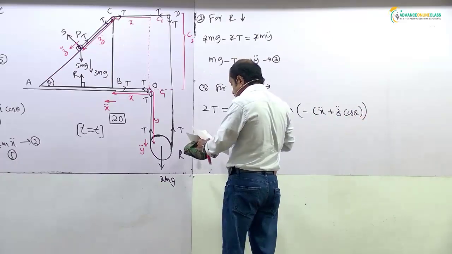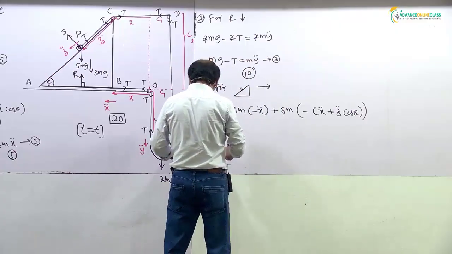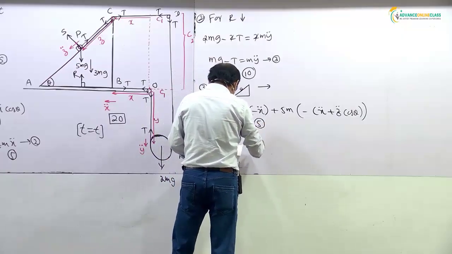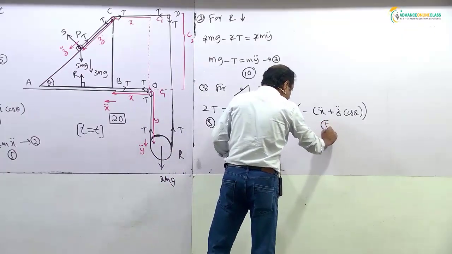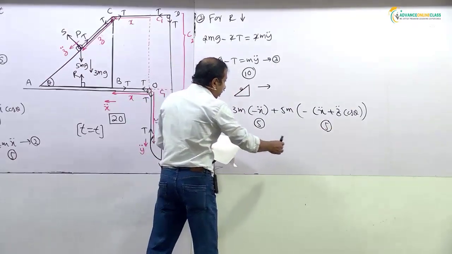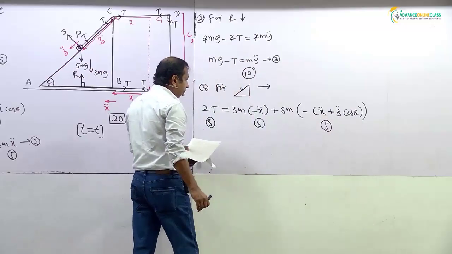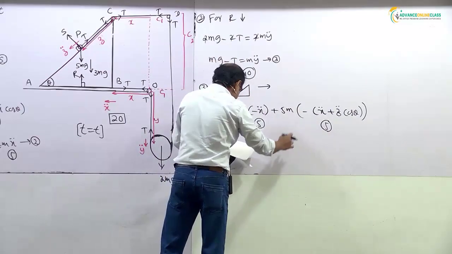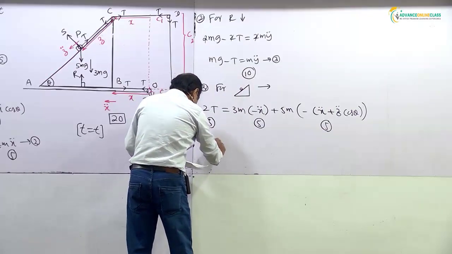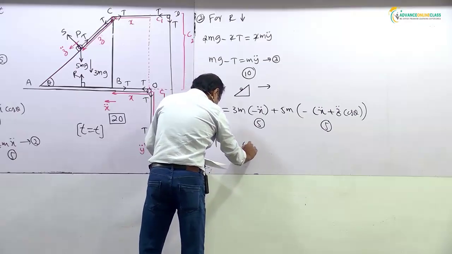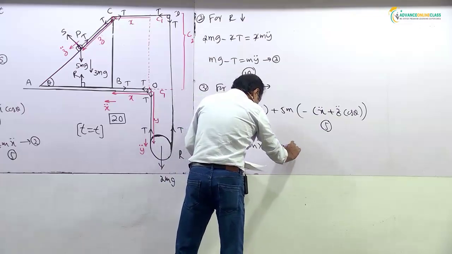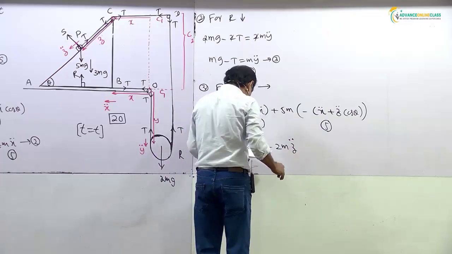Okay. Now, you are getting marks for this 5 marks, for this 5 marks, for this another 5 marks. Then here, substituting for this cos theta and taking this x double dot together, finally, simplifying, we get T equals minus 4m x double dot minus 2m z double dot.